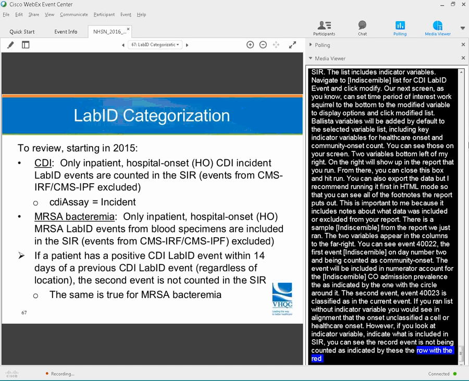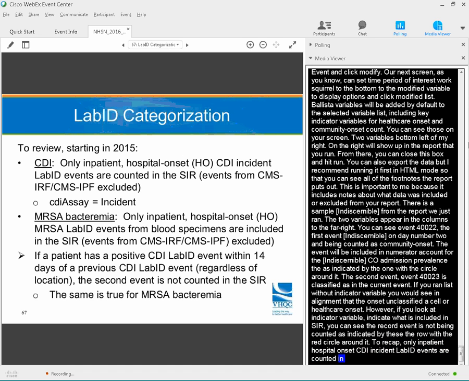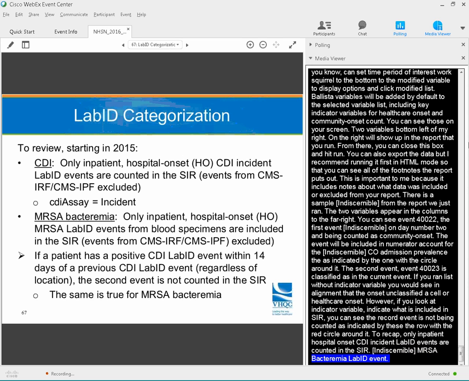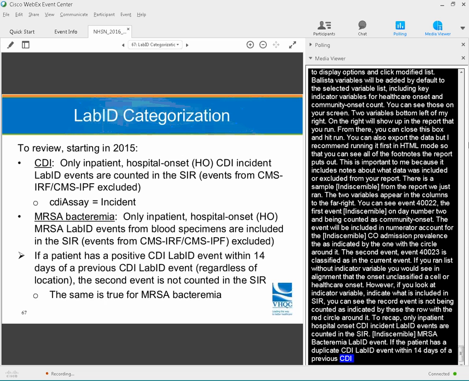So, to recap, only inpatient, hospital onset, CDI, incident, lab ID events are counted in the SIR. The same logic applies to MRSA bacteremia lab ID events. If a patient has a duplicate CDI lab ID event within 14 days of a previous CDI lab ID event, the second or duplicate event will not be counted in the SIR.